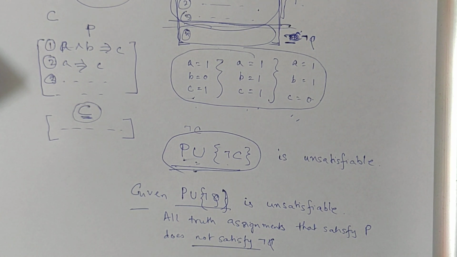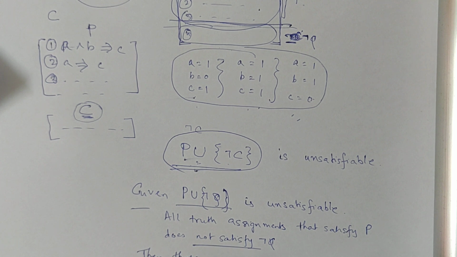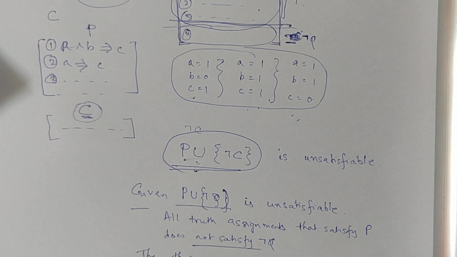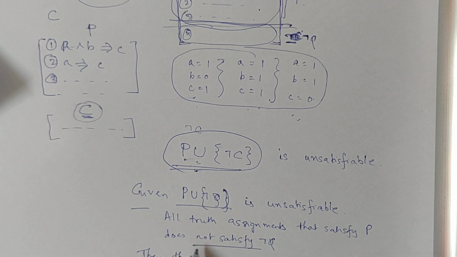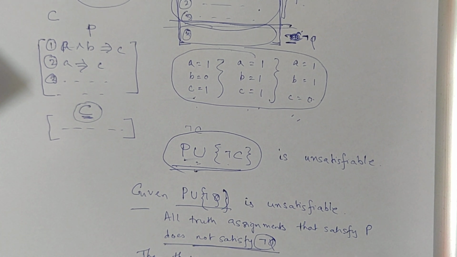If that is the case, then those assignments only will satisfy Q, because the assignments that are not satisfying not Q will be satisfying Q, because negation of false is true.